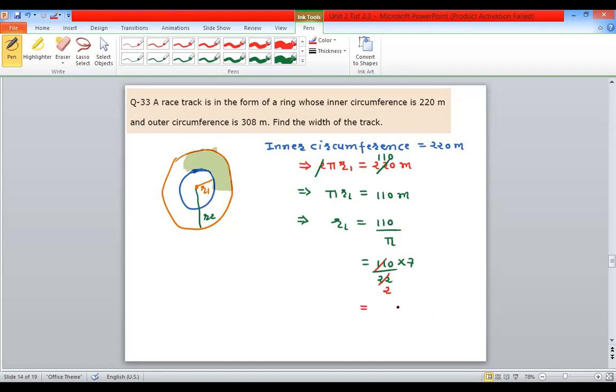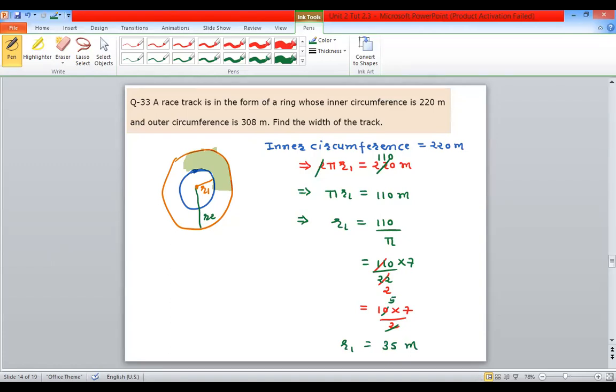So this is 10 into 7/2. Again 2 cut. This is 5 and 5 into 7, 35 meters. So your smaller track whose radius is R1 is 35 meters.